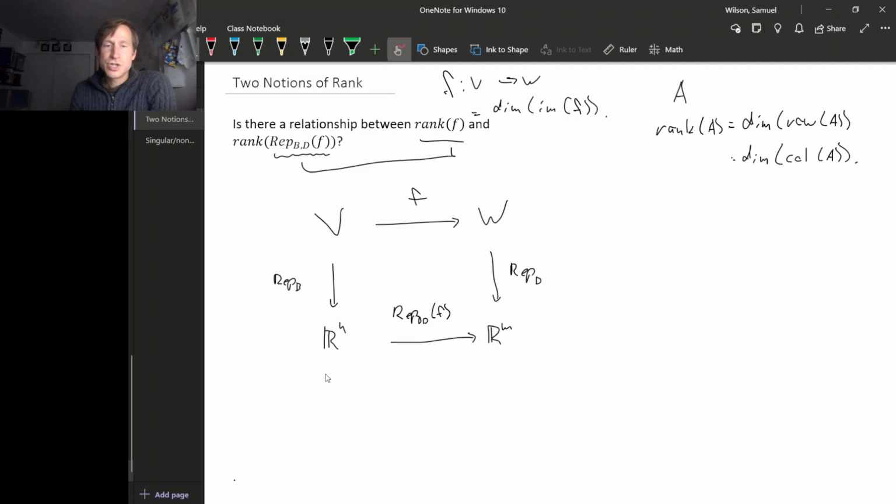And we have shown that we've sort of cooked up all the definitions so that rep D composed with F, right? So if you go this way then that way, that's exactly the same function as multiplying the matrix rep BD of F by rep B, right?